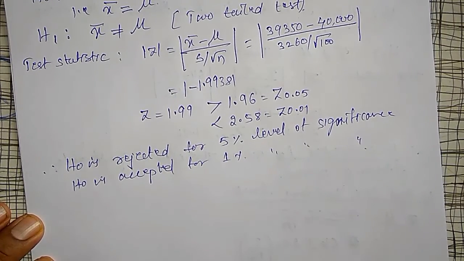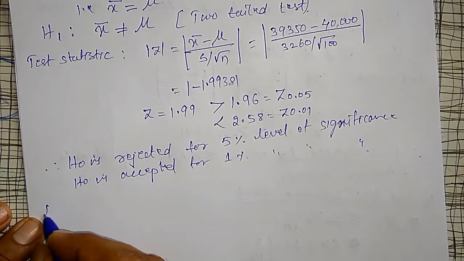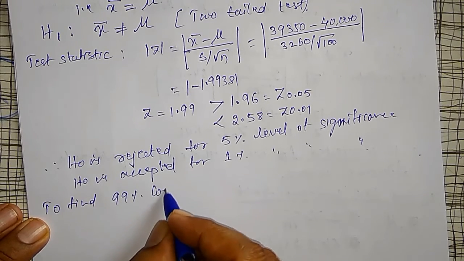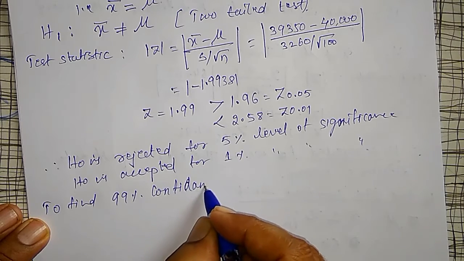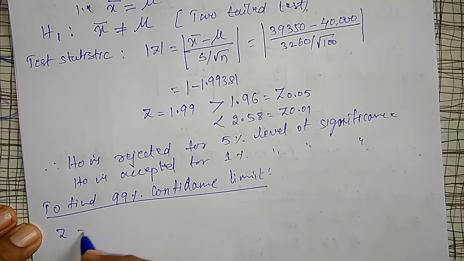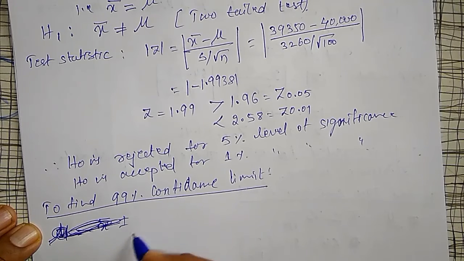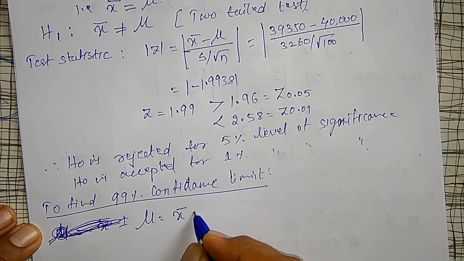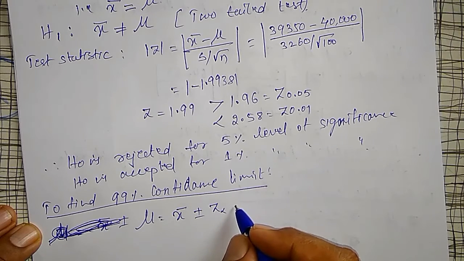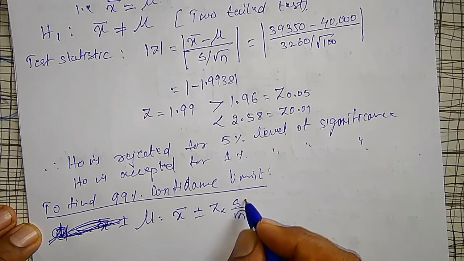Now I will calculate to find the confidence limit, to find the 99% confidence limit. The confidence limit is given by mu is equal to x bar plus or minus z alpha into s divided by root n.